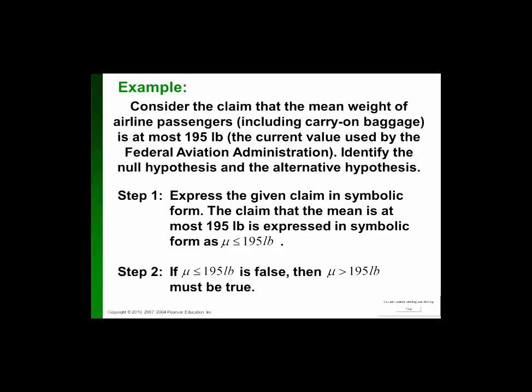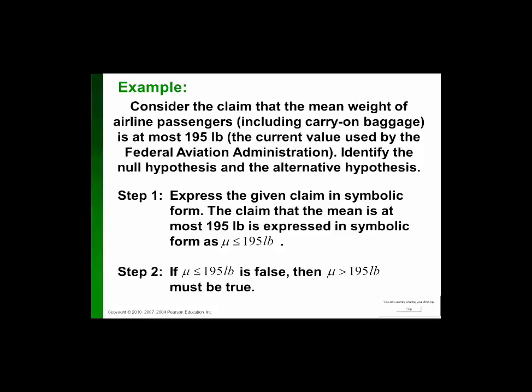So the claim is that mu, the mean weight, is, what does at most mean? Less than or equal to. So the claim is that mu is less than or equal to 195. The complement of that is mu is greater than 195.